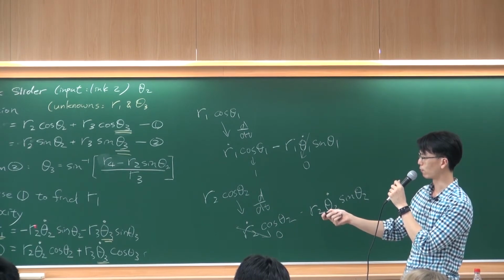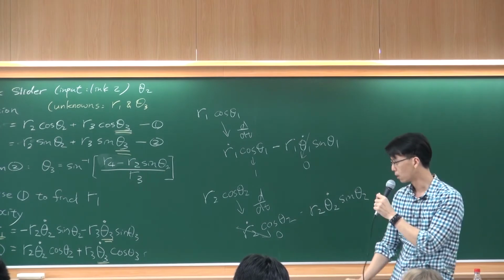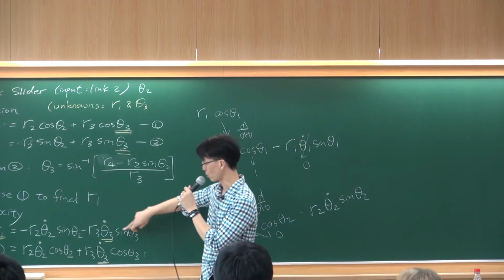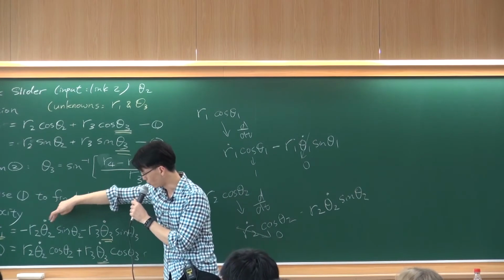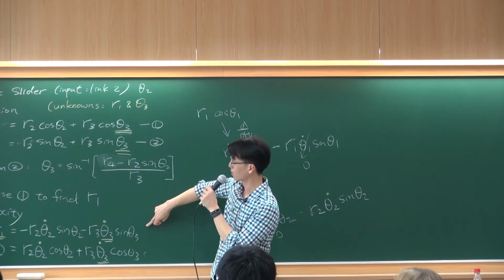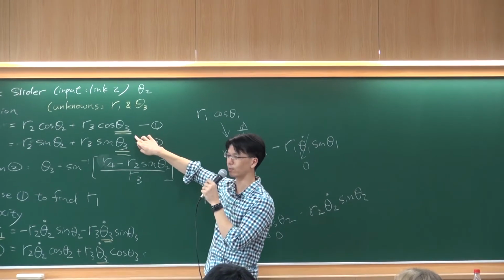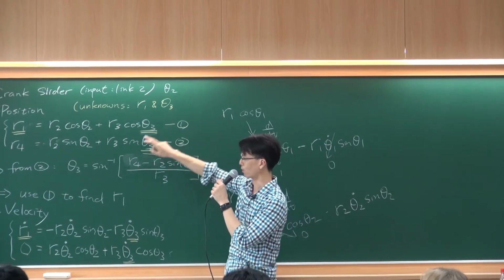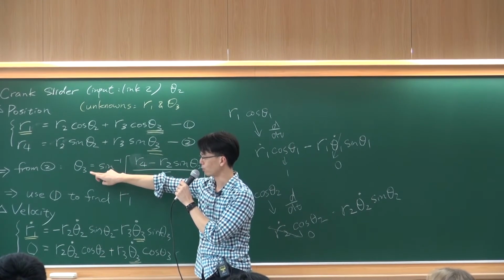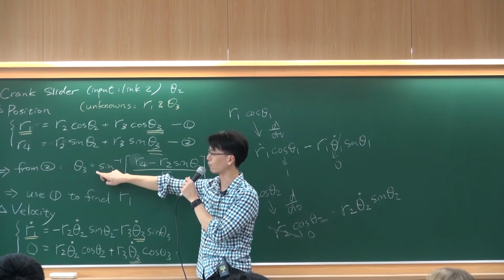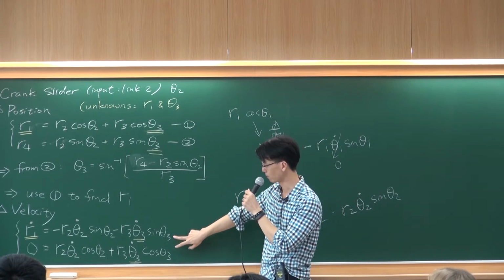So to perform velocity analysis, you only need to deal with these two equations. All the information about R2, theta 2, R3, theta 3 should be known for now because we have done the position analysis. We already obtained theta 3, so you simply substitute the theta 3 from the position analysis into these two new equations.